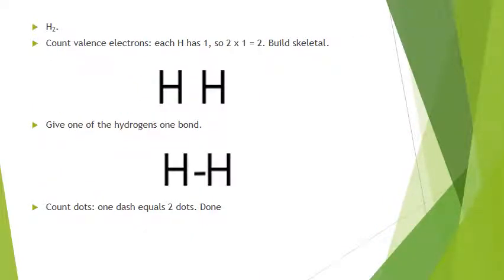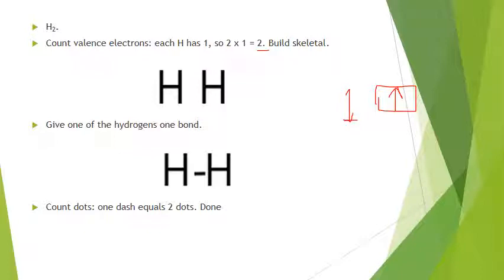H2 has 2 electrons. Remember, hydrogen only has 1 electron and 1 s orbital, so saying it follows the octet rule doesn't make any sense, because the first energy level can only have 2 electrons.